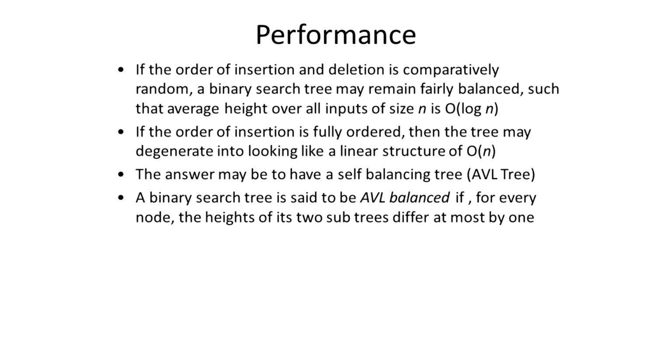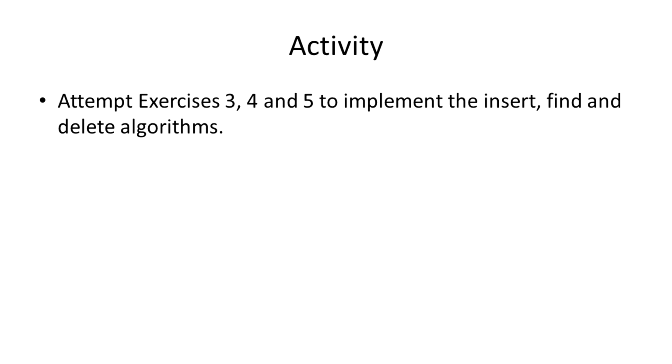Finally, whilst we've covered the binary search tree in these videos, it's worth having a look further into other types of trees, such as the AVL tree, which is a self-balancing tree, as well as red-black trees. But for now, let's continue with the exercises and implement the insert, find, and delete algorithms. I'll get you started on that.